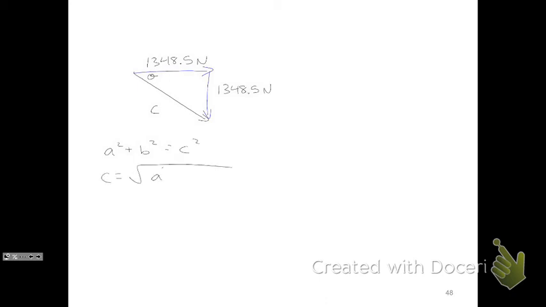So we went to the right and down, right? And so to find c, a squared plus b squared equals c squared. So c is equal to the square root of a squared plus b squared.